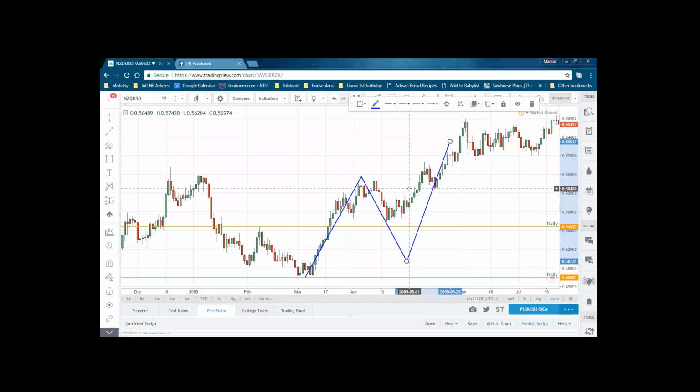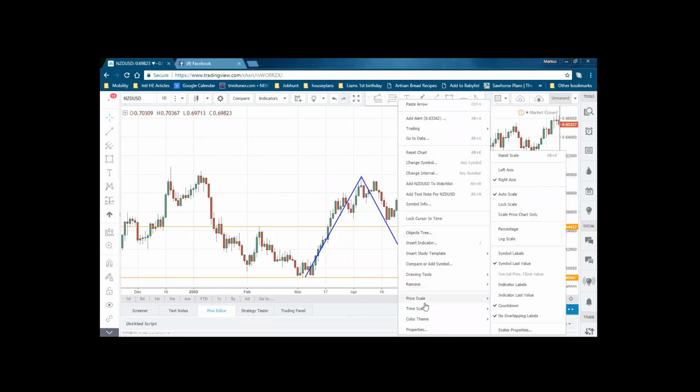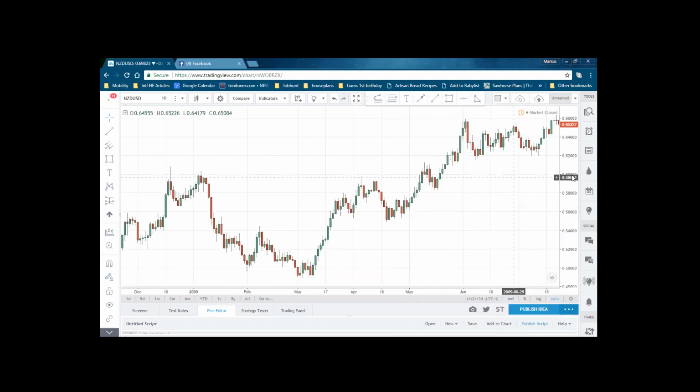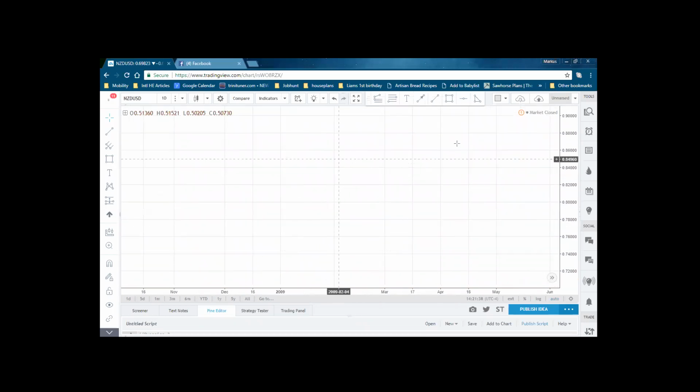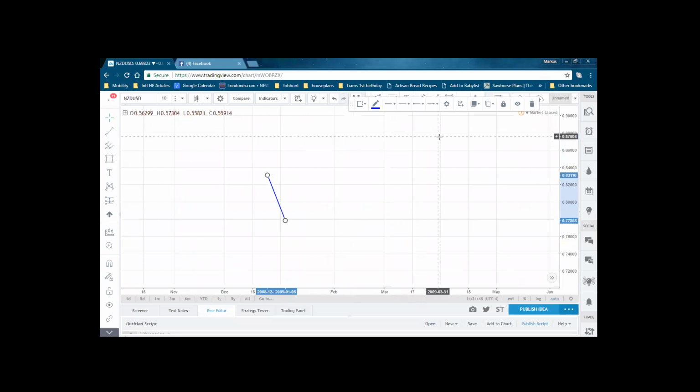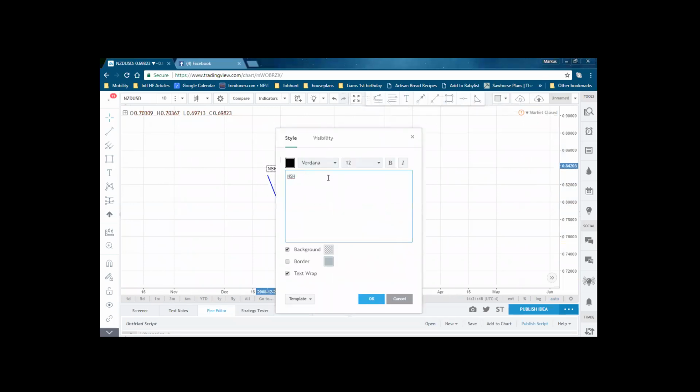So we'll continue. Looking at the downtrend, it's basically the same in reverse. All right? So we have an initial high.